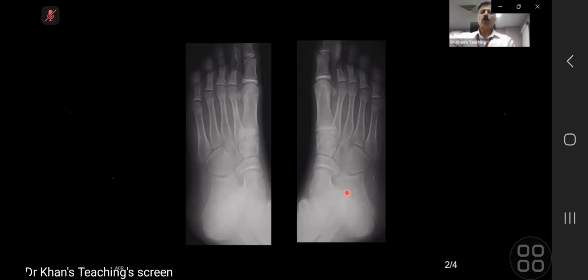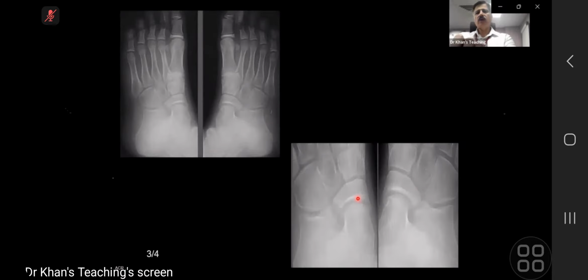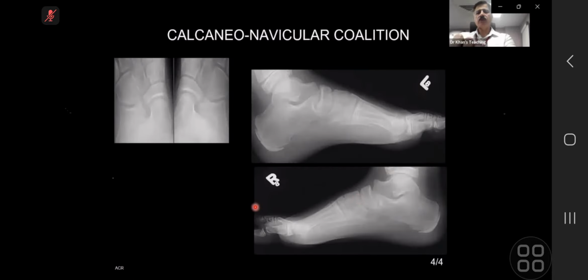But you will not find a bony bar. MR is considered very sensitive there. But in many cases CT, some people think, might be a savior. Having said that, usually in an FRCR exam, they go for plain films. So let me show you a few more examples.